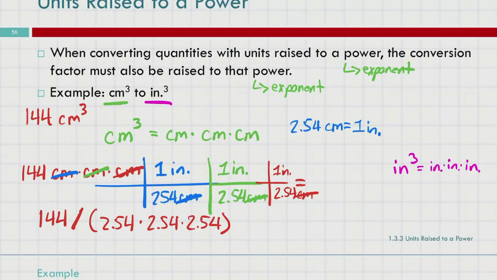Optionally, close parentheses. That'll get you the correct answer. The way that I usually put these sort of things into my calculator is I just divide multiple times. Those will both get you the correct answer.